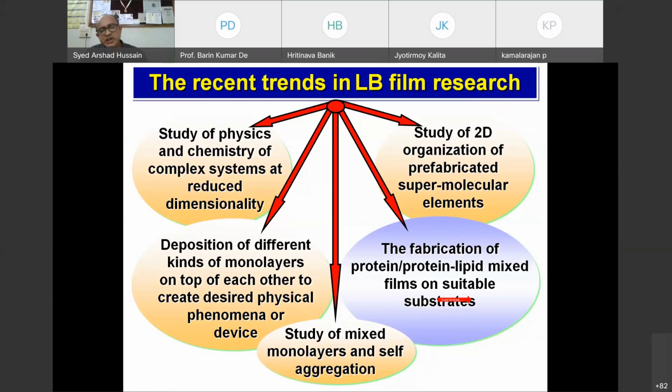One can prepare an artificial biomembrane and study its properties to have the properties of the biological system in an artificial way.